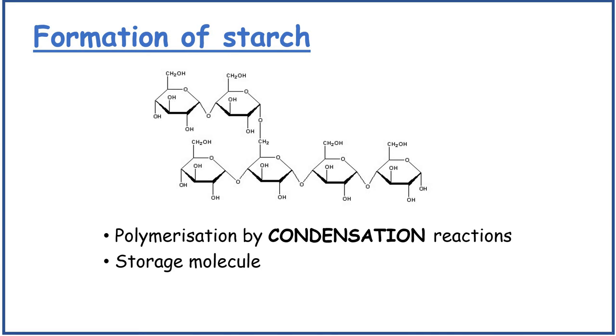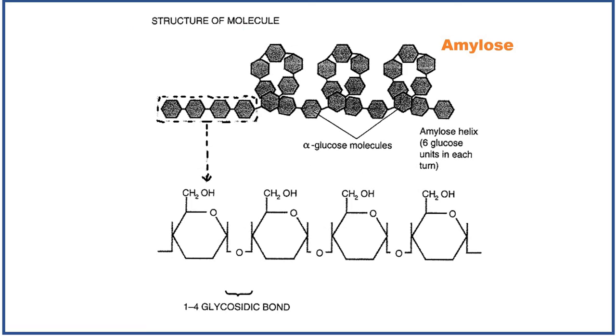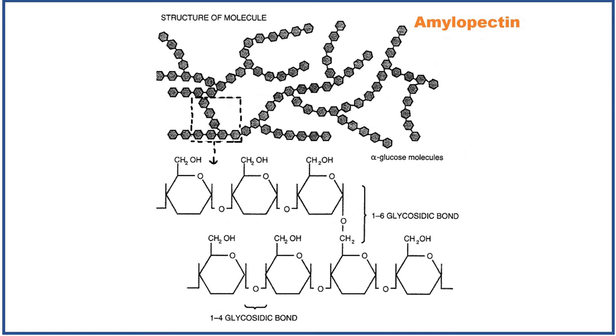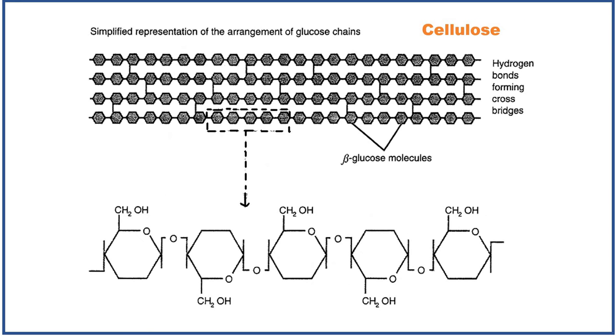It contains two types of subunits: amylose, which has 1,4 glycosidic bonds and forms a very compact helical structure, and amylopectin, which has 1,4 glycosidic bonds and 1,6 glycosidic bonds, and it is highly branched.